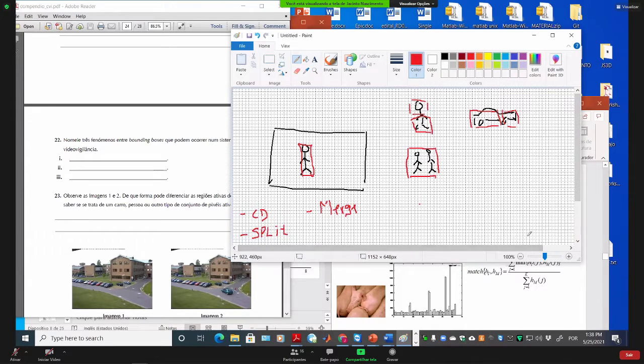Also, it is possible, so I just want 2, 3, but there are more. There are some cases whenever you have this here.